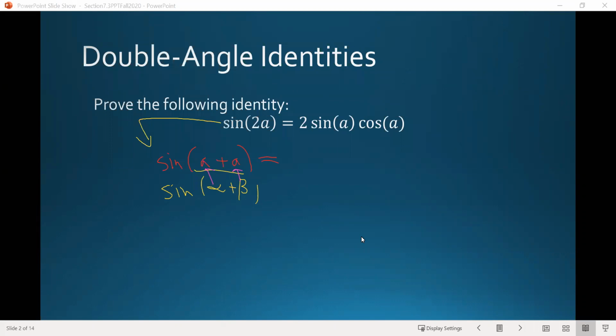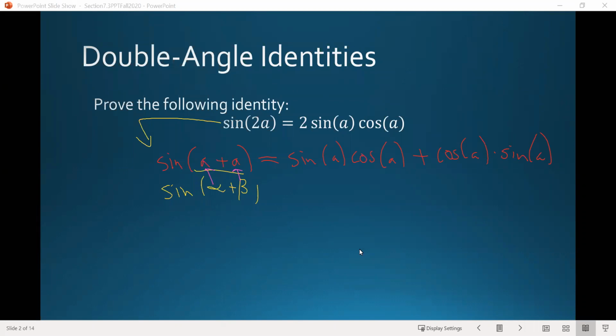It tells us that sine of alpha plus beta can be written as sine of alpha, which again is a, times cosine of beta, which again is a, plus cosine of alpha, which is a, times sine of beta, which again is a. So this has now become sine of a times cosine of a plus cosine of a times sine of a.